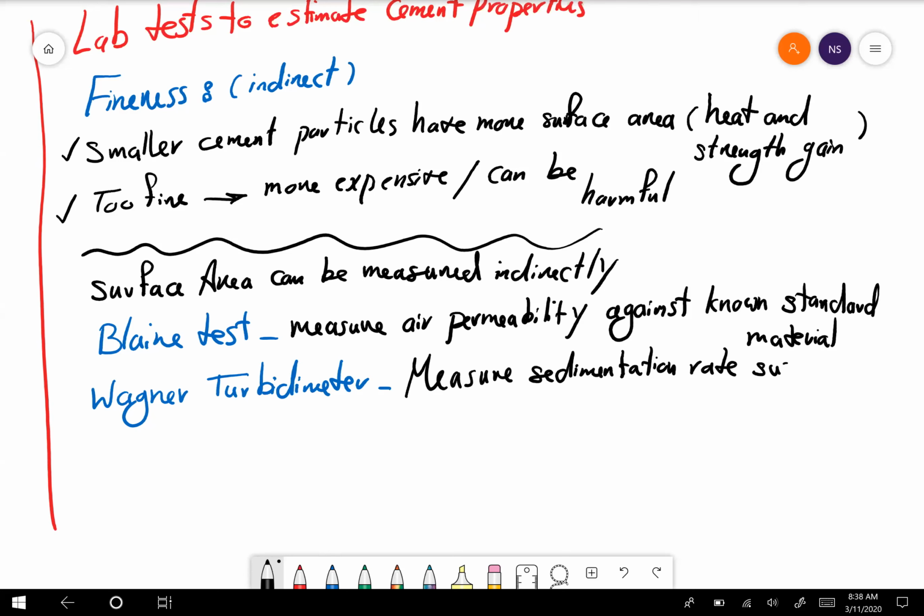The particles are suspended in kerosene, and that's the standard liquid. And the concept here is that finer particles settle slower.